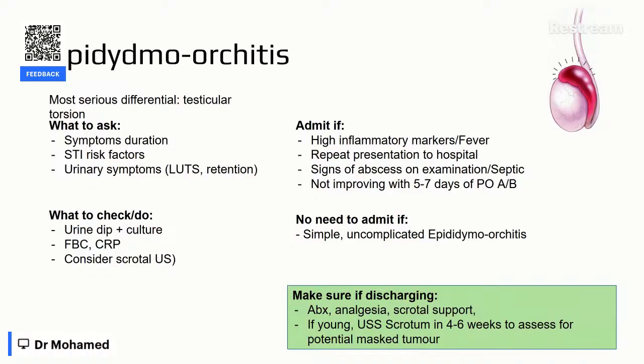And in young men, think about doing an ultrasound of the scrotum at 4 to 6 weeks, at the point where the inflammation should have resolved if it was caused by an infection, to look for potentially a mass or tumor that could be driving an inflammatory process.